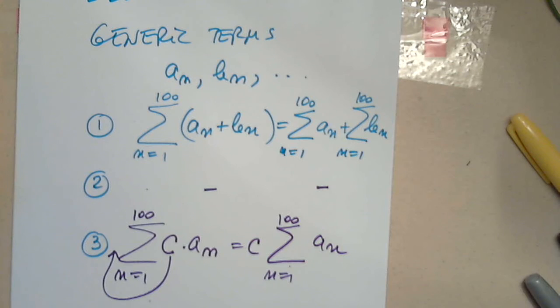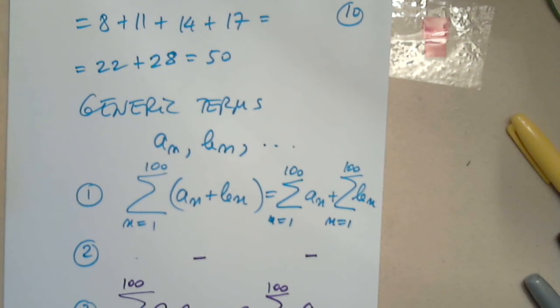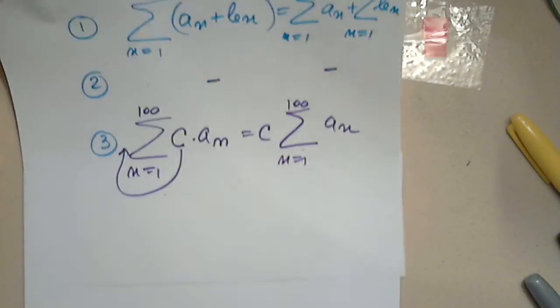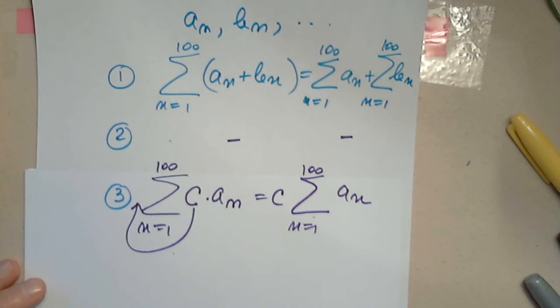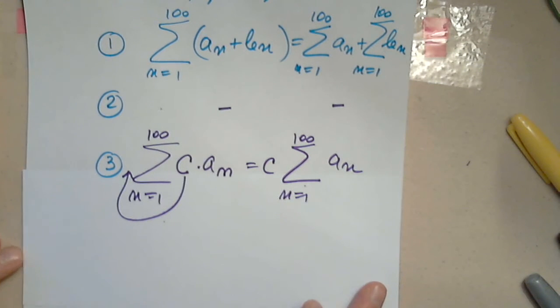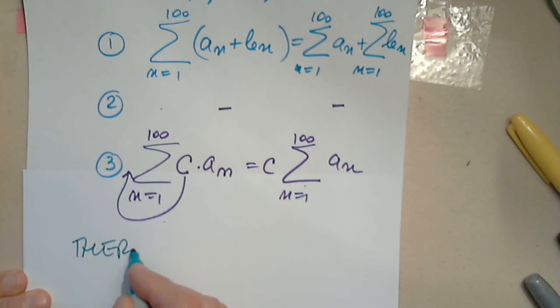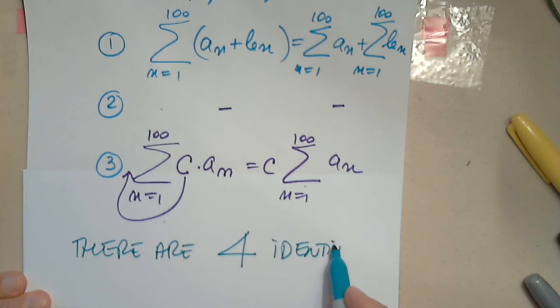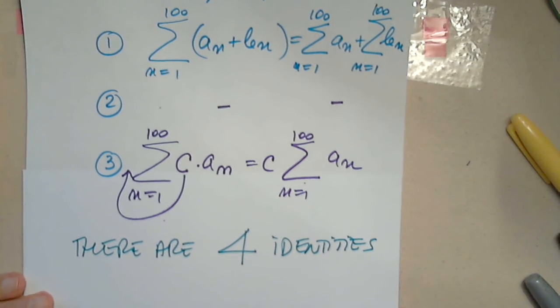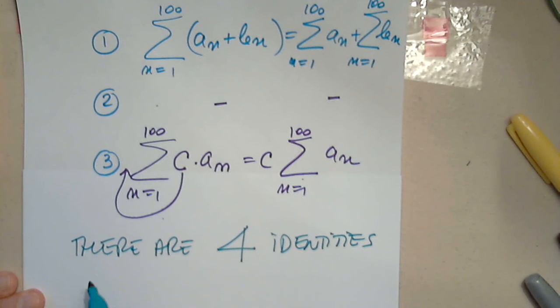So these are the properties that we will be using for the summation notation. Now, before we start anything in chapter 5, there are 4 identities. I don't like to tell you this, but every now and once in a while I have to.